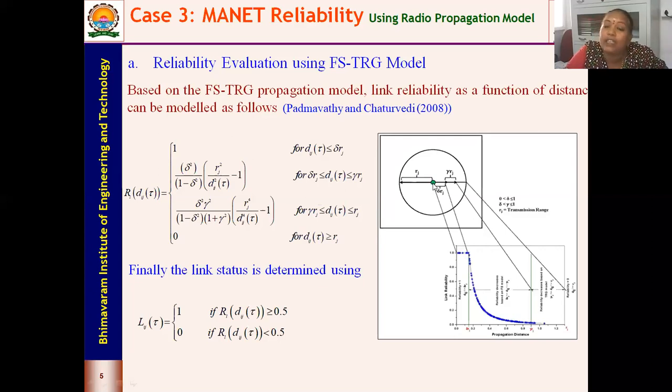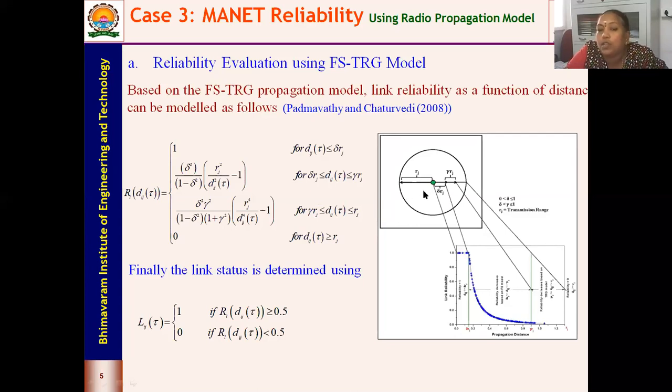Previously, in the binary model, I've given an arrow indication for the distance. If I have a node at the radius end point, then when I calculate the distance between these two points, it is Dij. I compare this Dij with Rj.